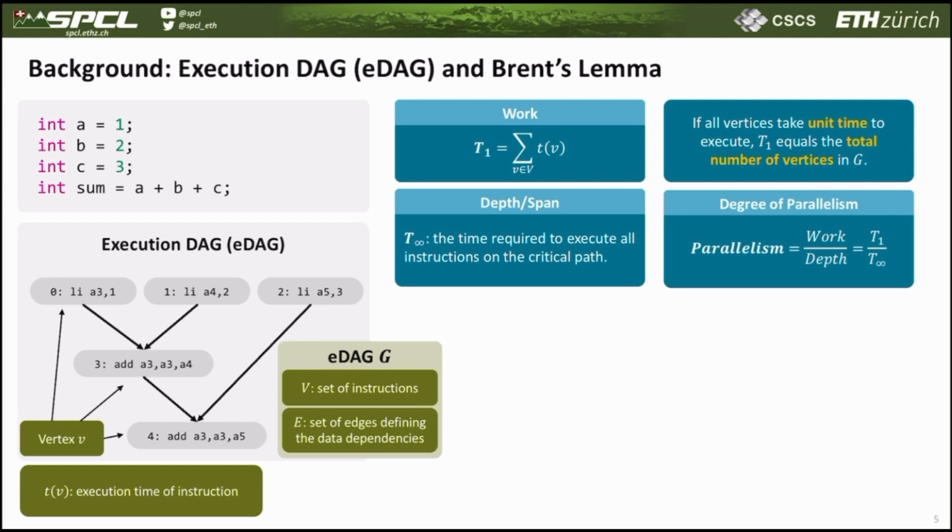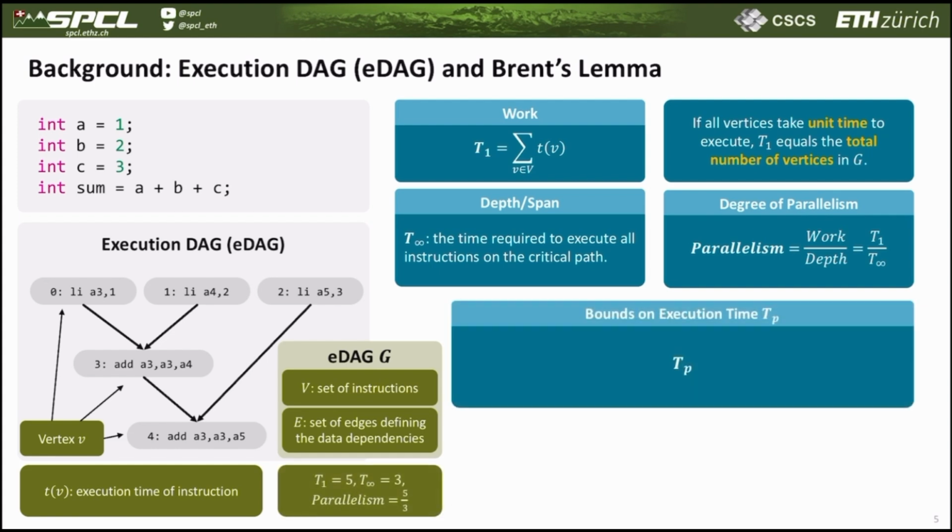Because the longest path has to be traversed somehow, and because this path is formed by data dependencies, you can't execute your program any faster than traversing this path. So the length of this longest path, also called depth, limits the parallelism that you can obtain, or how fast you could execute this graph with an infinite number of processors.